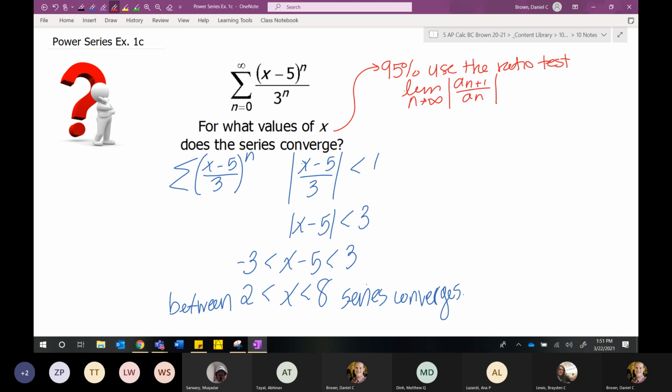Questions on how I did that? I am going to add one word. I don't want to confuse us, but I am going to add the word potentially here because I know what we're about to do in two more slides. Typically there's going to be a second step to this problem where we'd have to test the endpoints.